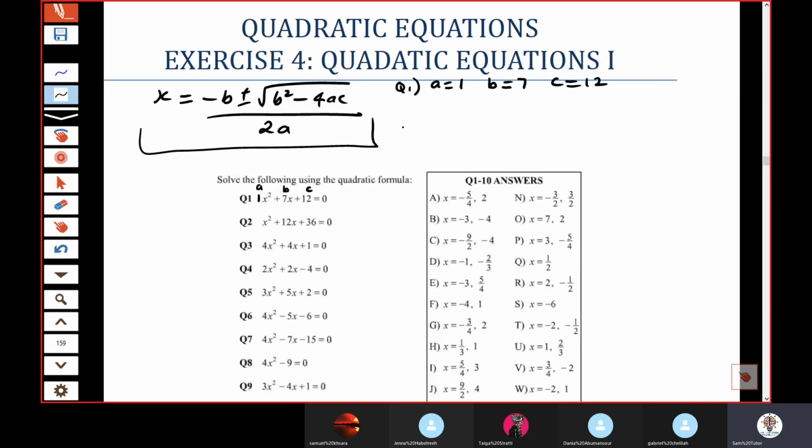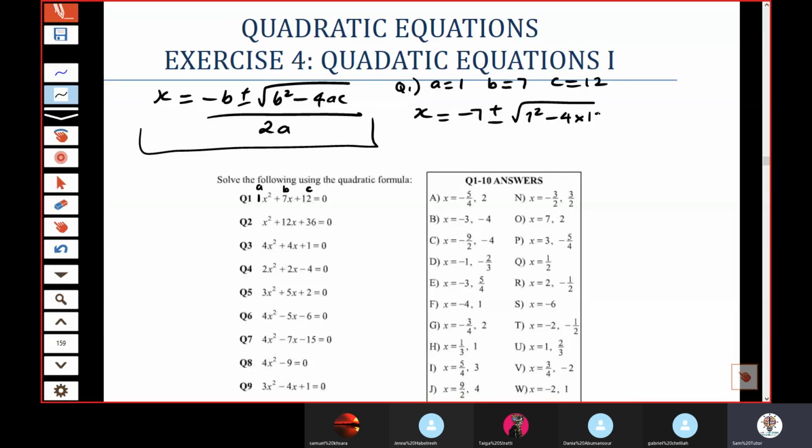All right, then all you do is plug it all in, sub it all in. So x equals, who wants to give it a shot? X equals negative 7 plus minus square root 7 squared minus 4 times 12. I would do just 4 times 12, because why would you do 4 times 1?